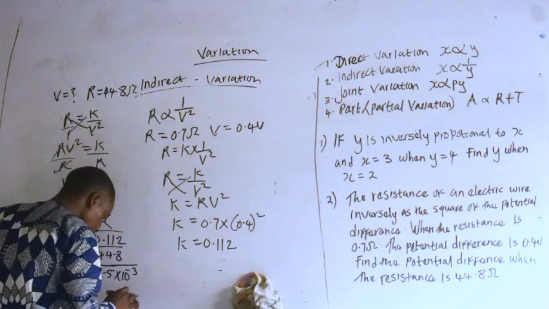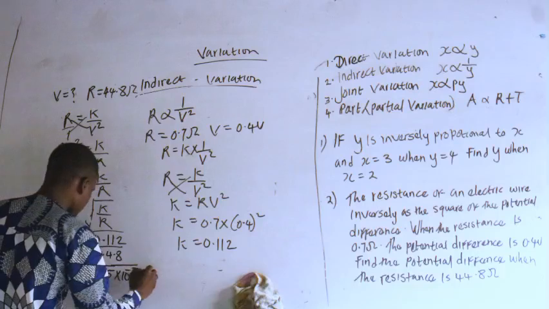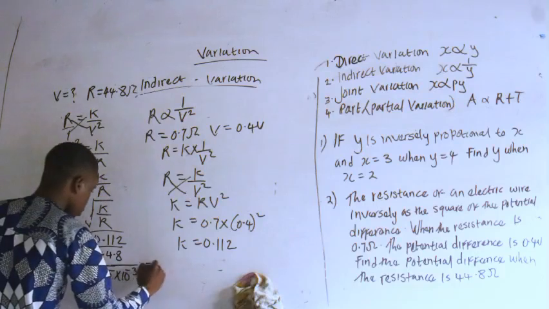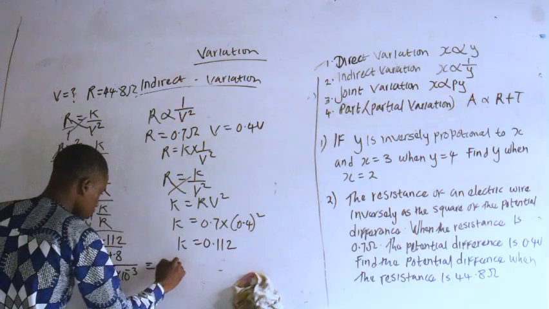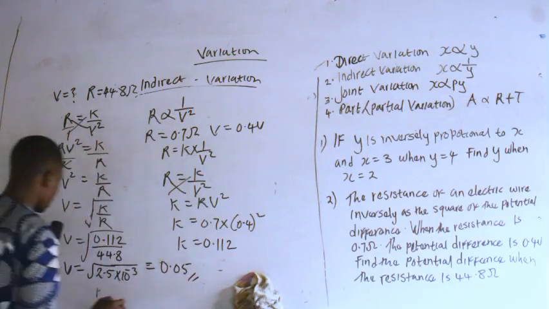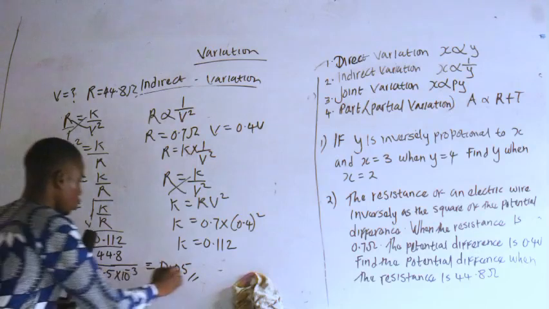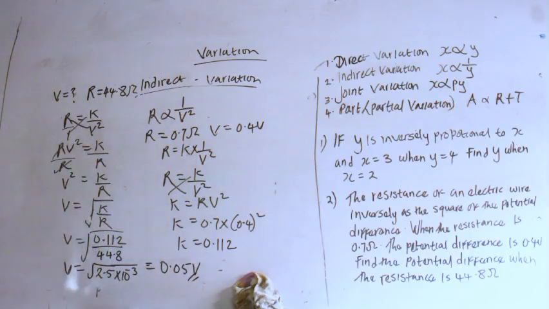Let me put the square. What is the answer? The answer of this, our V will now be 0.05. That's the answer. Okay, let's go.